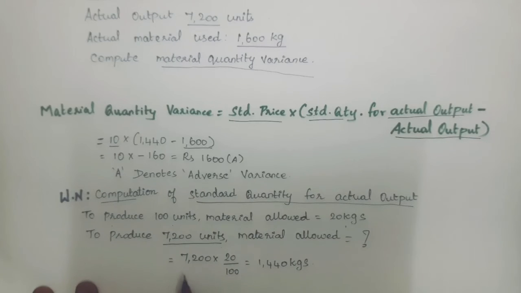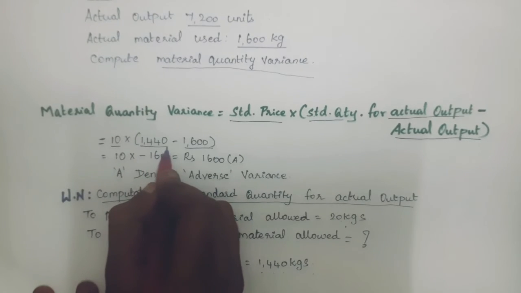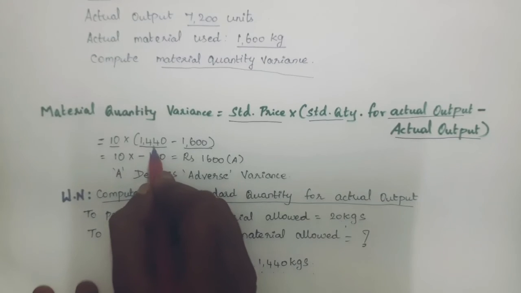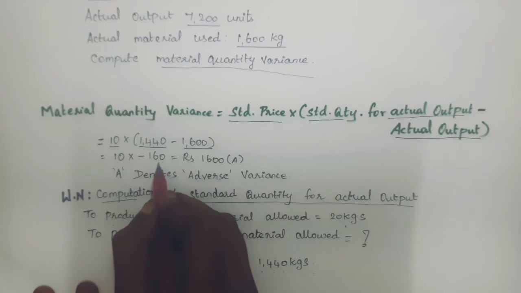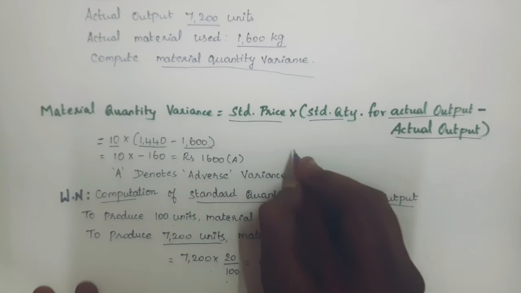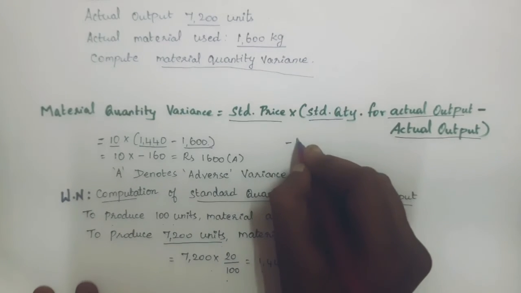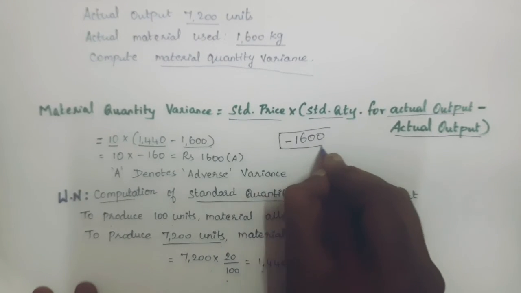Here we do one calculation. 7200 into, for 100 units we are using 20 kg, so 20 divided by 100, which gives you 1440 kgs. Now I am substituting this 1440 kgs here. So 10 into 1440 minus 1600, which gives you minus 160, so the amount is 1600 rupees. As I already said, if the amount is negative, actually we'll get minus 1600.